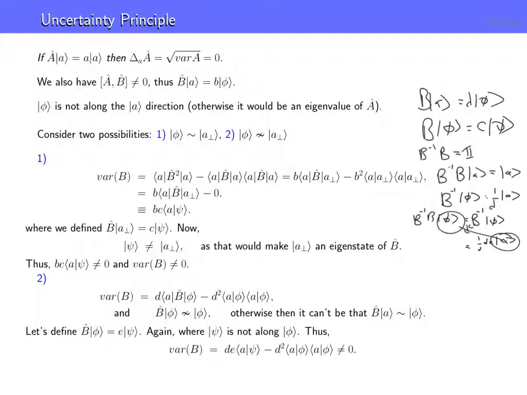You might want to spend a little effort here, but it should be clear that these are not going to give the same value. We won't go through that proof. You can prove that yourself, but it's not that hard. But again, the point is the variance or the uncertainty in B is not 0 if the uncertainty in A is 0, and the two operators do not commute.